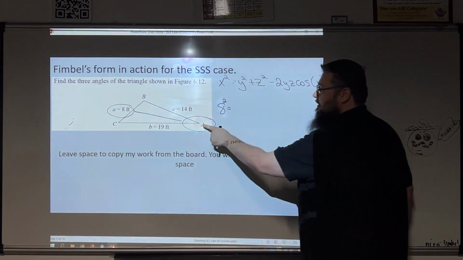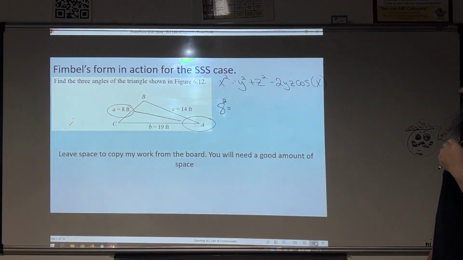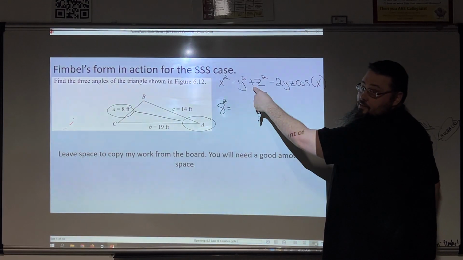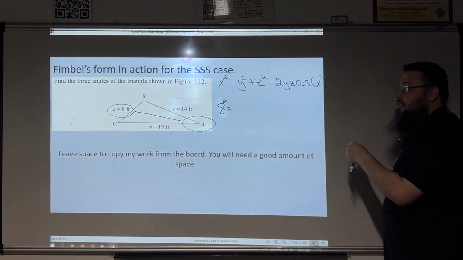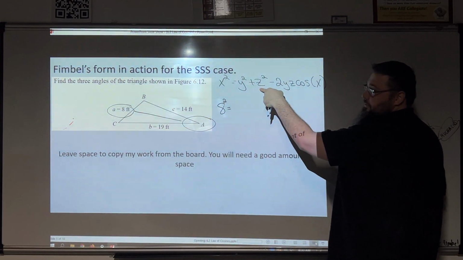We're using A. What side lengths? I know 14 and 19. Which one's Y? Which one's Z? Does it matter though? Why doesn't this matter right here? Which one I plug in? Because it's our given, so it doesn't matter. It's our given, but what if this was Y squared minus Z squared? Then it would definitely matter, right?